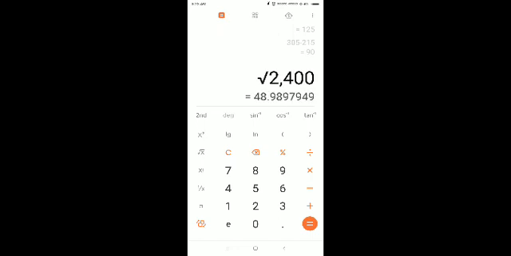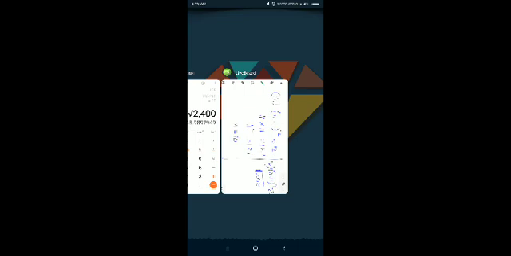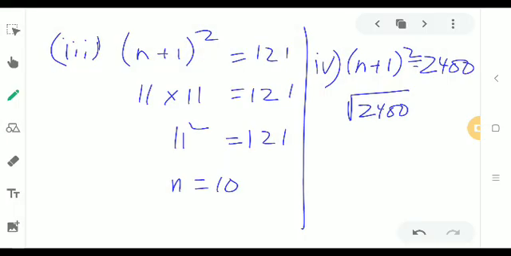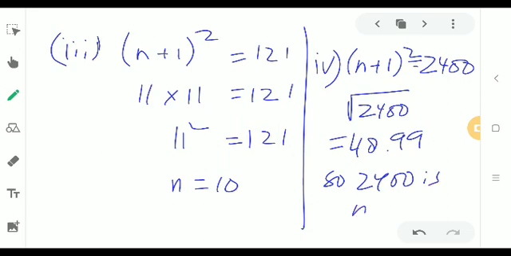The square root of 2,400 is 48.99. So it is not a whole number, so 2,400 is not in the sequence, because it's not a whole number.